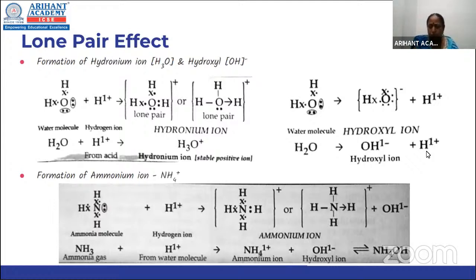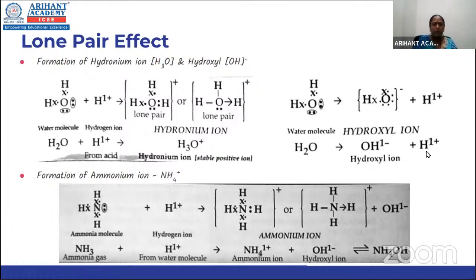Now listen children, there are 2 things we must pay attention to. For the formation of hydronium ion, or even when we talk about ammonium ion, in both cases, there has to be a lone pair available. And there has to be a requirement for a pair of electrons.